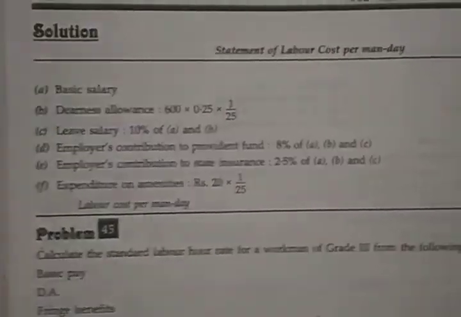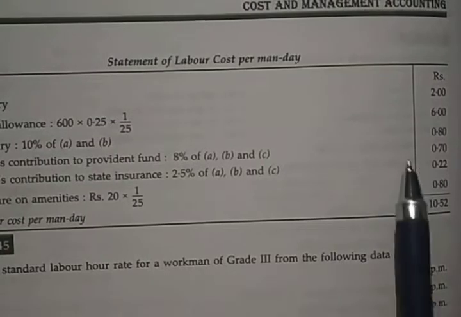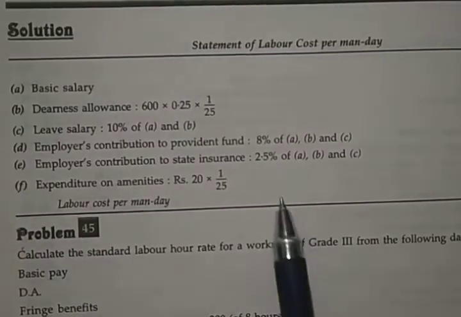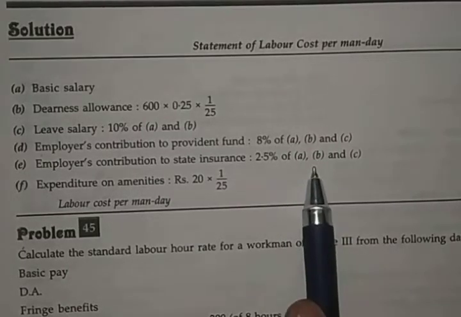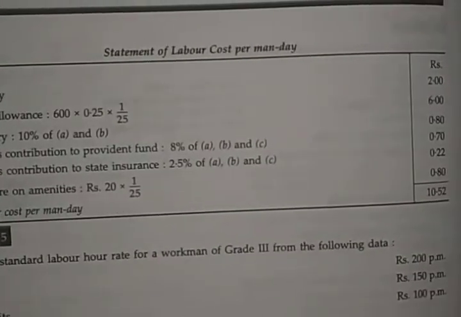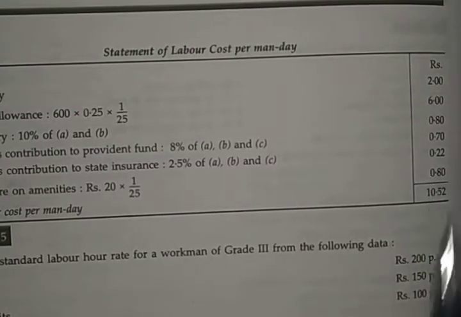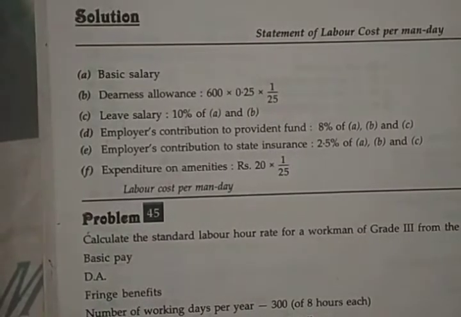If you add together 2 plus 6, 8, 8.80, right? So again you calculate 2.5% of 8.80, and you will get the value 0.22.